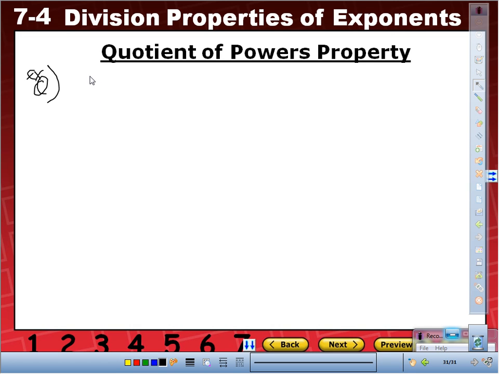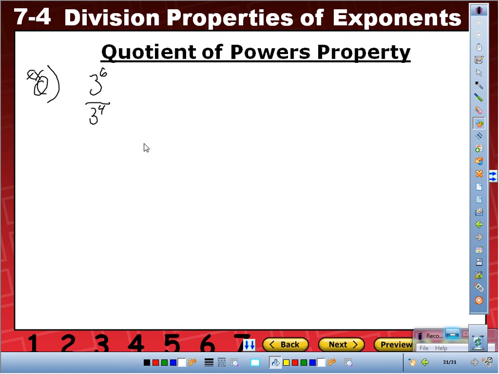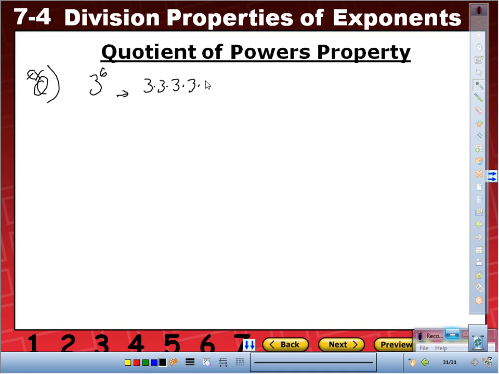I'm going to start with this. 3 to the 6th over 3 to the 4th. Okay. In the past, we did something like this, right? And I introduced something like that, and I said that becomes 3 times 3 times 3 times 3 times 3 times 3, which is 3 to the 6th, and if we can multiply it out, right?